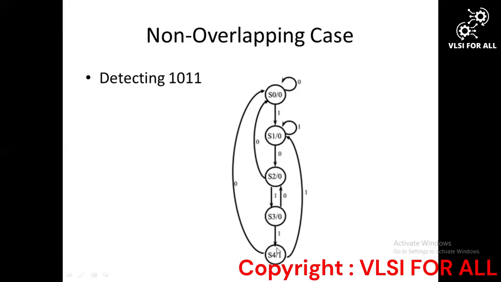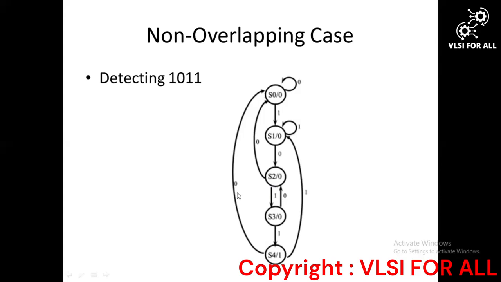For S3, when it detects 1, it will go to S4, and our output will become 1 because 1011 is detected here. And if it detects 0, our sequence becomes 1010, so it is the same case that we got in S2, like 10. So for the 0 case, our state goes to S2. And at S4, when the sequence is detected, if we get bit 1, then our sequence will start from S1, and if we get bit 0, then our sequence will start again from 0.